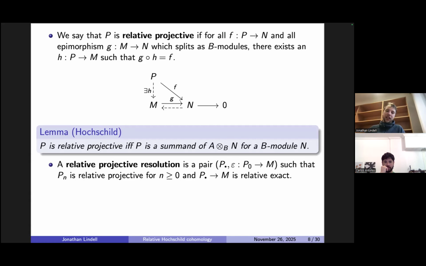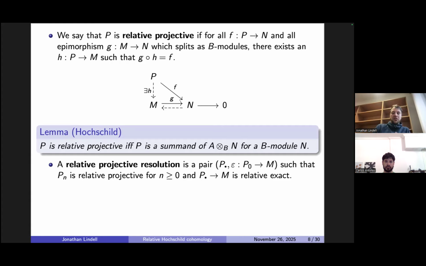And then now that we have projective modules and we have a notion of exactness, we can define a relative projective resolution akin to the normal case to just be a resolution where the modules appearing instead of being projective are then relative projective, and if we add the epsilon map there from P0 to M, this whole complex that we get will then be relative exact instead of just being exact.